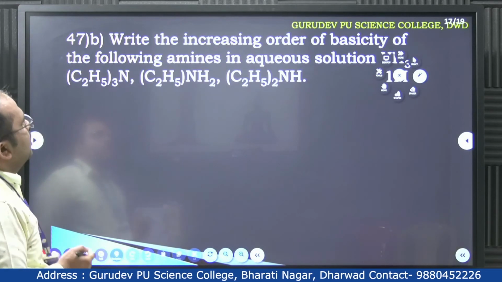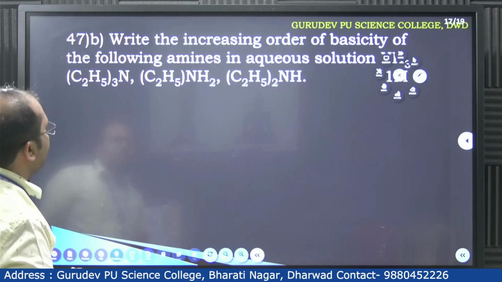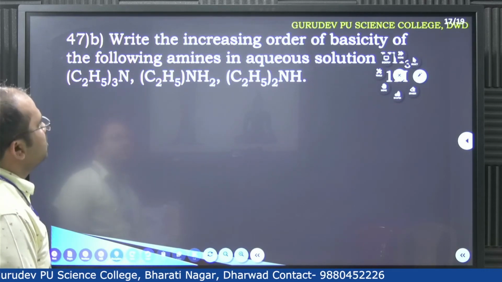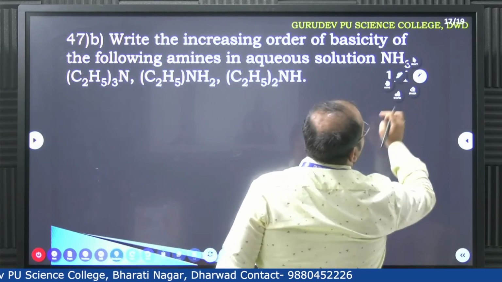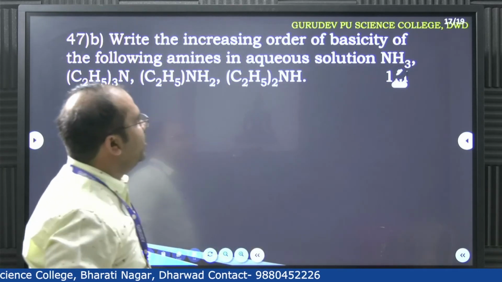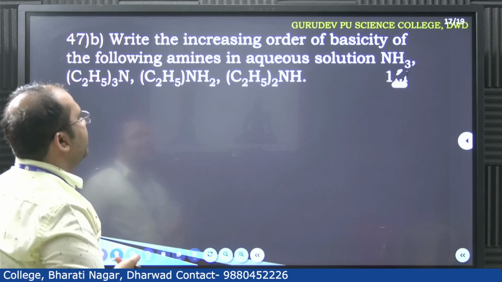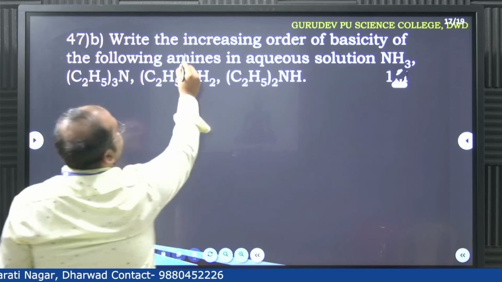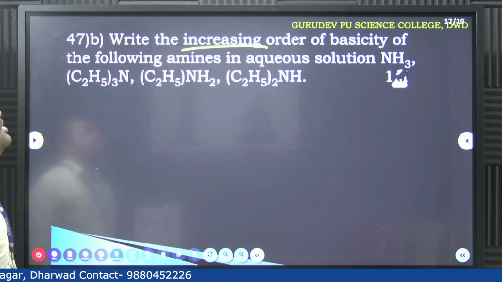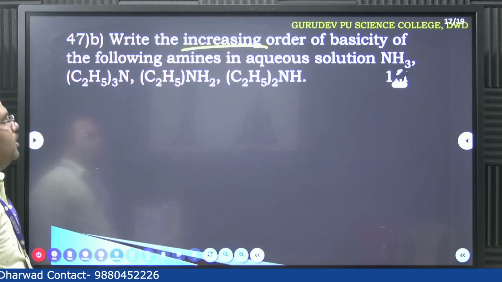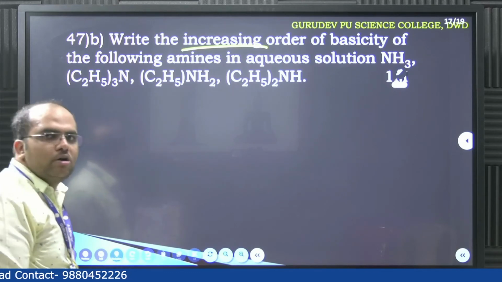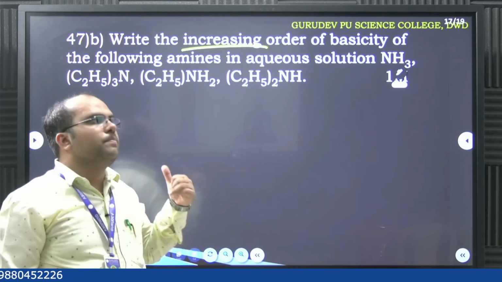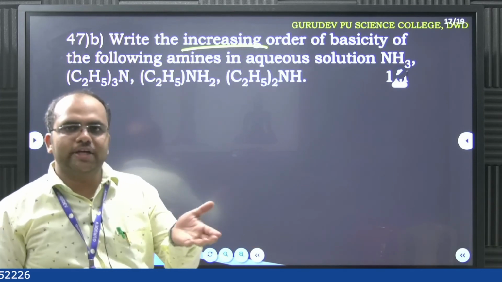Next, write the increasing order of basicity of the following amines in aqueous solution. Here we have different forms of ammonia and the amines, and they are asking for the increasing order of basicity. As you know, acidity increases with the number of hydronium ions, and basicity increases with the number of OH ions.